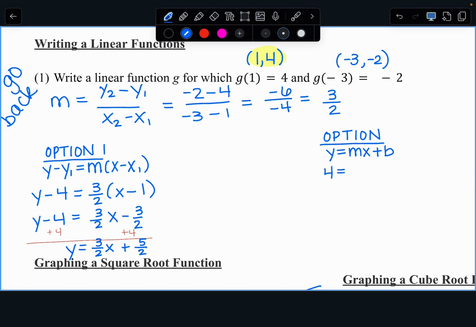But we don't know what b is, but we know that our slope is 3 over 2. And we use the point (1, 4).